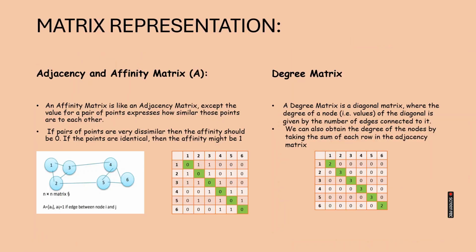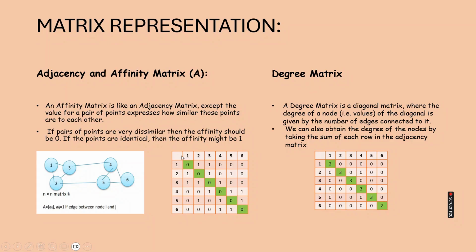After that, we will represent them in matrix form, the matrix representation. The first matrix is the affinity matrix. To determine the affinity matrix, we take the graph. Here we have 6 nodes, 1 to 6, connected in this way. From this, we will get a matrix.